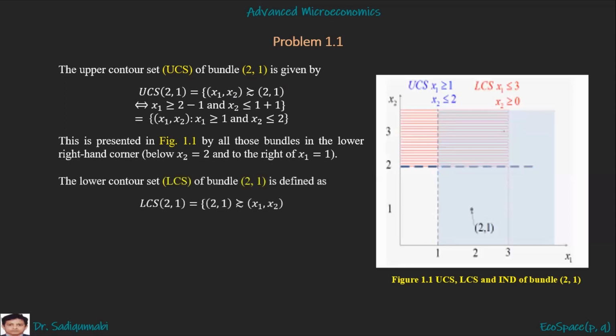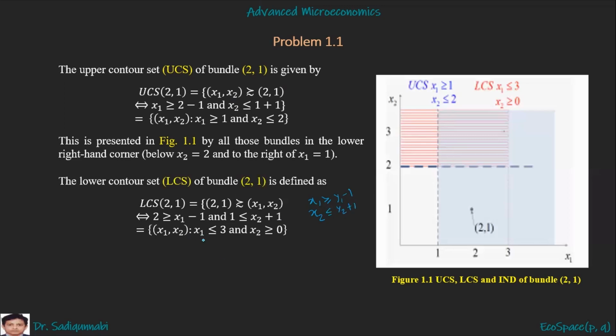Similarly, we can find the lower contour set as x1 less than or equal to 3 and x2 greater than or equal to 0, by applying the condition that x1 is greater than or equal to y1 minus 1, and x2 is less than or equal to y2 plus 1.